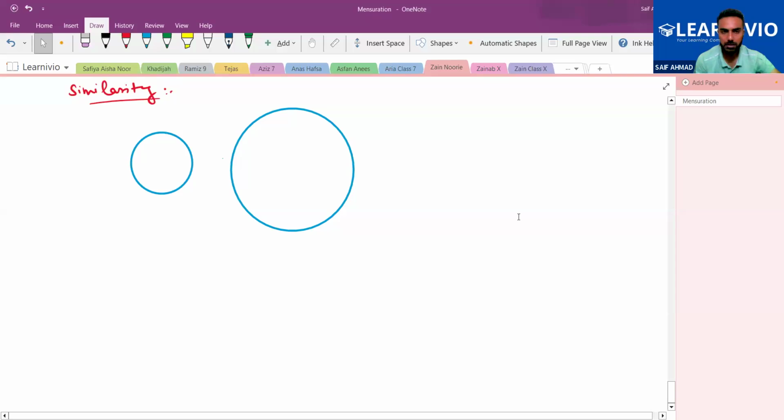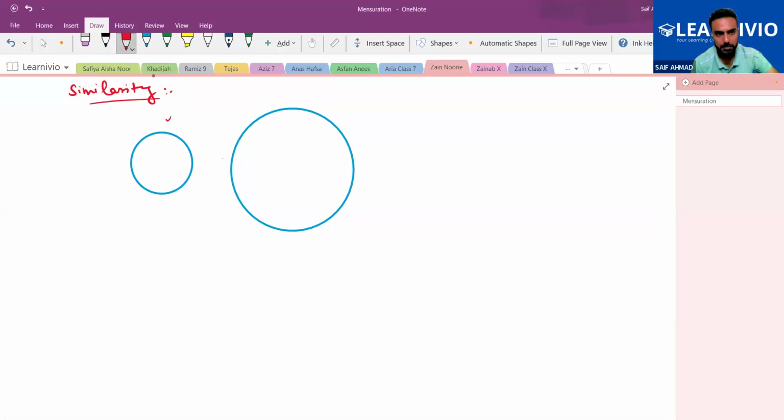Similarity. What is similarity? See these figures. What can you see about this? Both are circles, and they look similar.